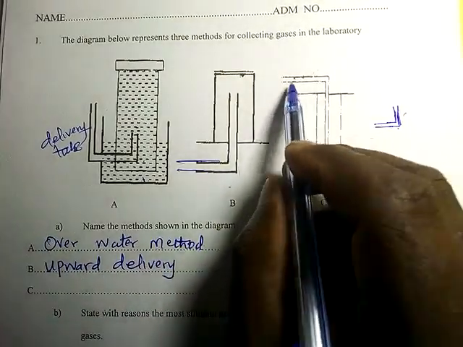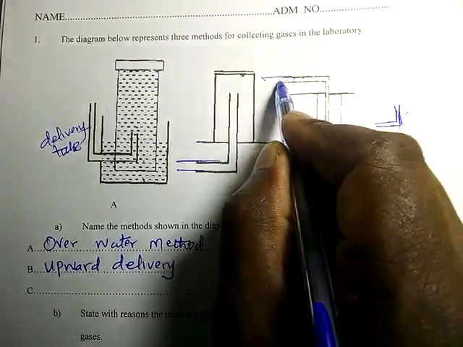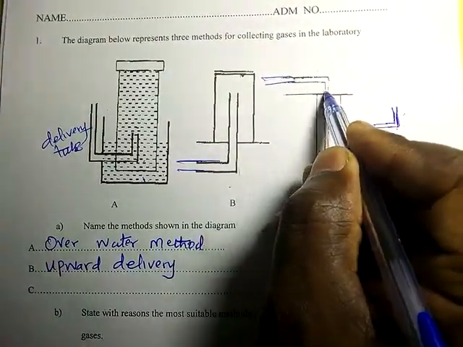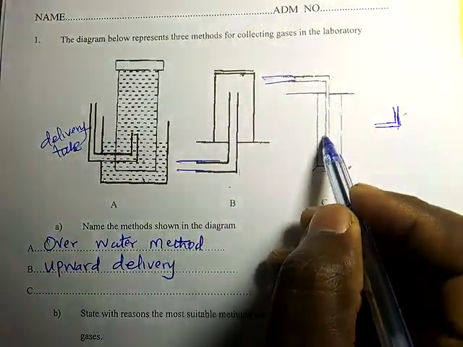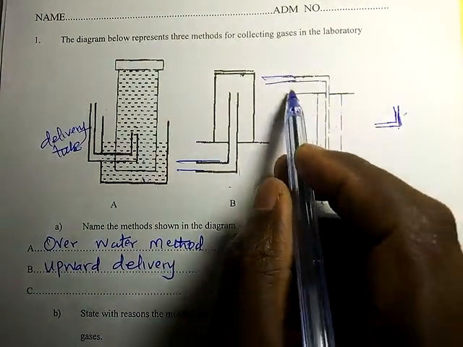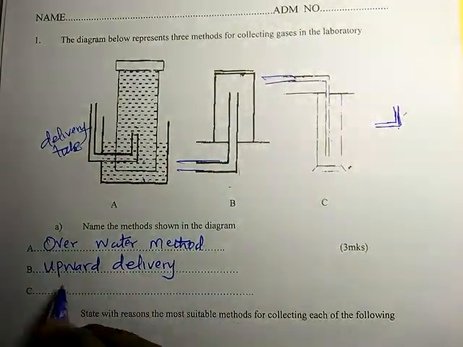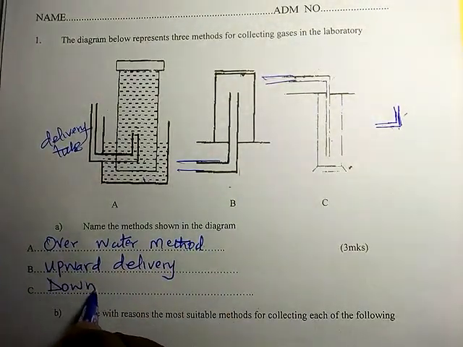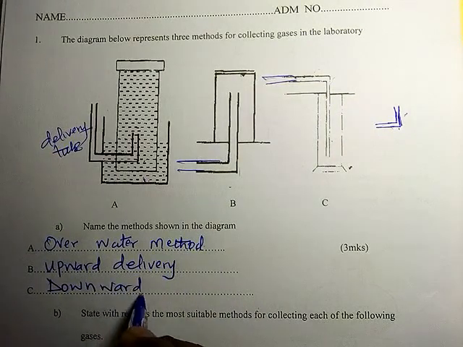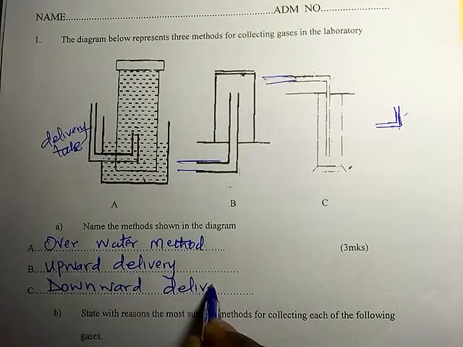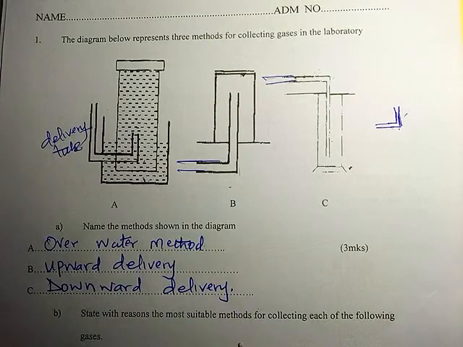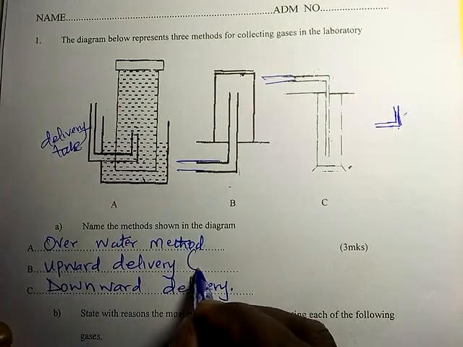Look at this one. The delivery tube is coming like this, and then it goes down. So that one is called downward delivery.